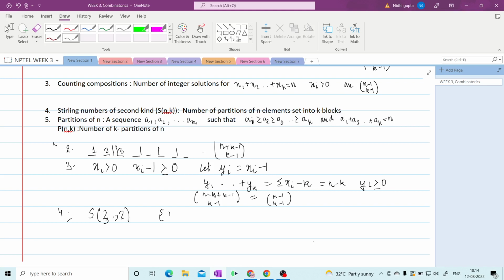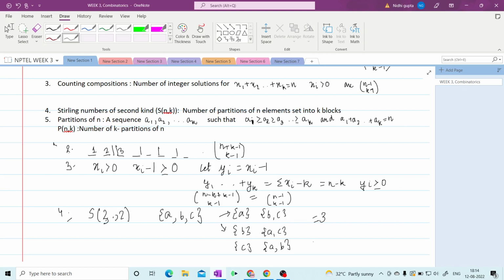We are talking about a three element set, say A, B, C, and we want to calculate the number of ways we can divide this set into two blocks. What are the possibilities? {A,B},{C}; {B,C},{A}; and {A,C},{B}. So here we see that S(3,2) is 3.